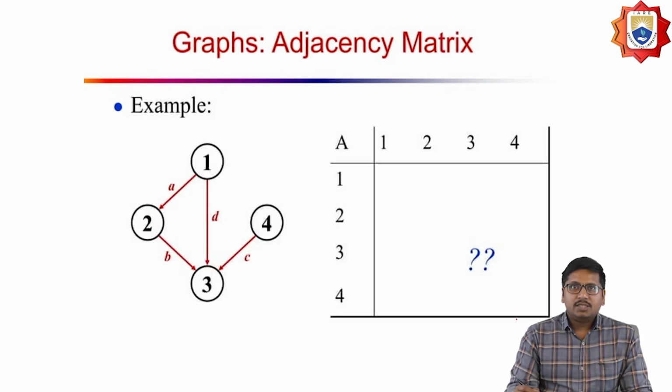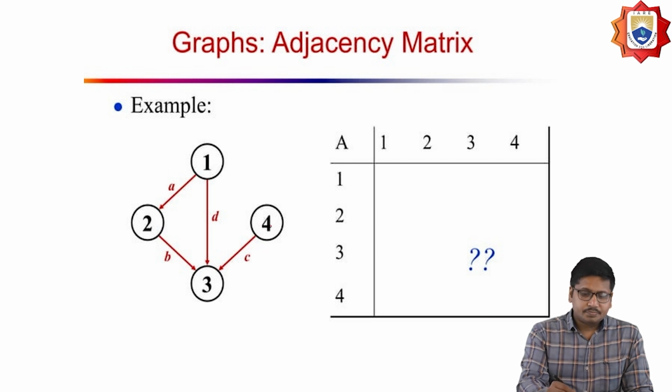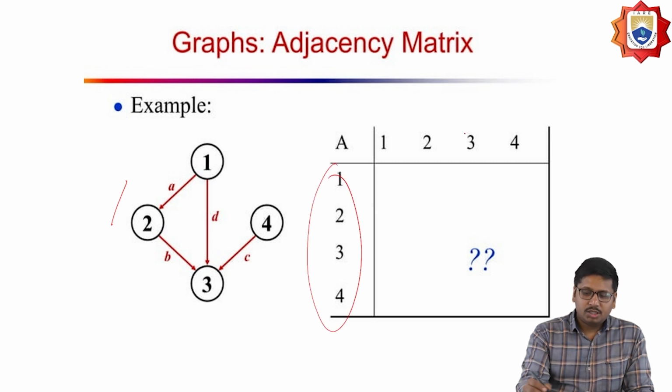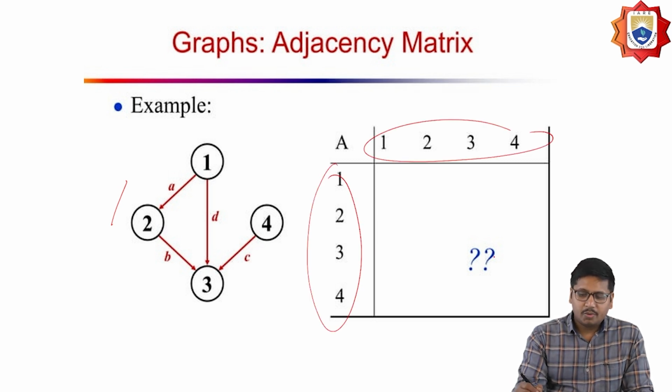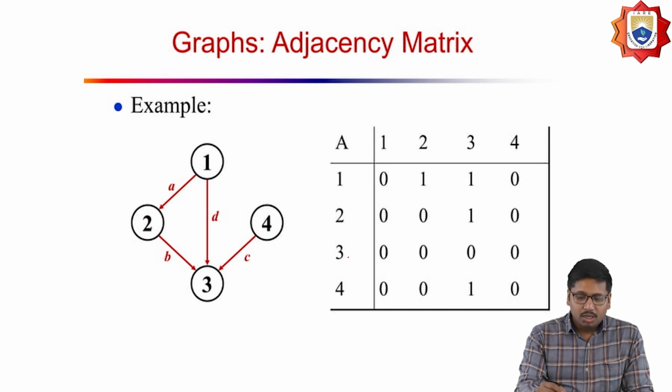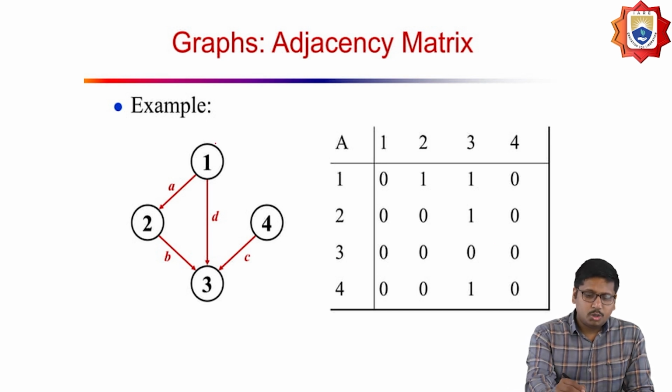So let us consider an example like this. If I have a graph like this, and we have a set of edges, then whatever vertices it has, I consider them along the rows and columns. Then how do I fill this matrix? So in this graph, 1 to 1 is not there, that's why it should be 0.